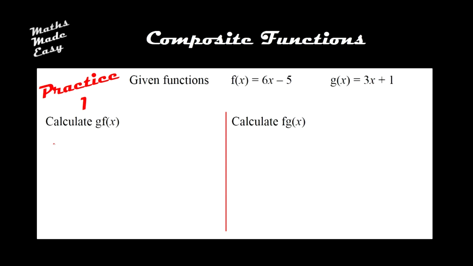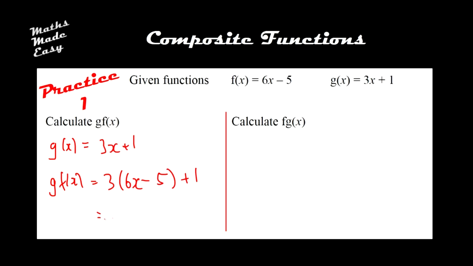Okay, here are the answers then. So for the first one, g of x equals 3x plus 1. So gf of x equals 3 lots of 6x subtract 5, plus 1. So that's 18x, subtract 15, plus 1, which equals 18x subtract 14.